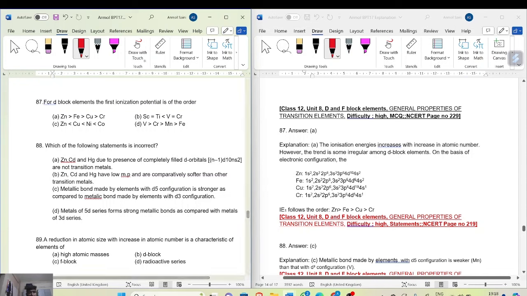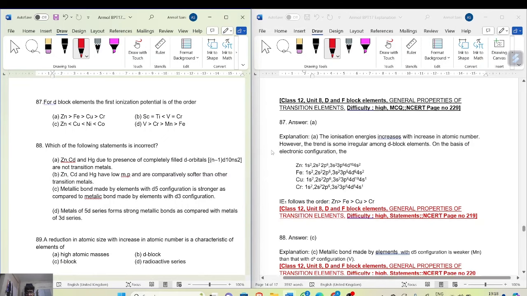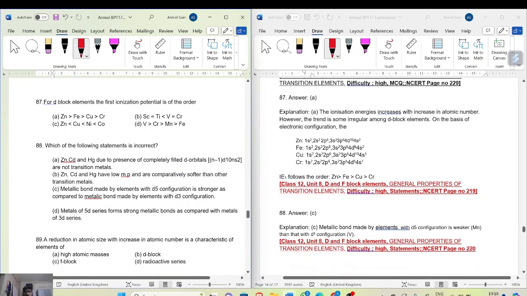Now let's come to question number 87. For the d block elements, the first ionization potential is of the order. So we will have to calculate the ionization enthalpy. We can normally say that when we go from the left side of the periodic table to the right side, there will be an increase in ionization energy.